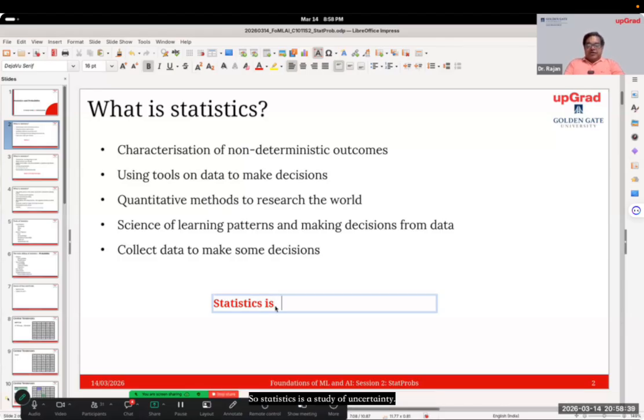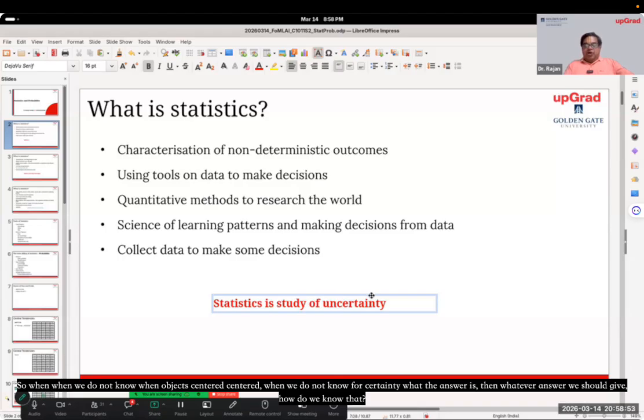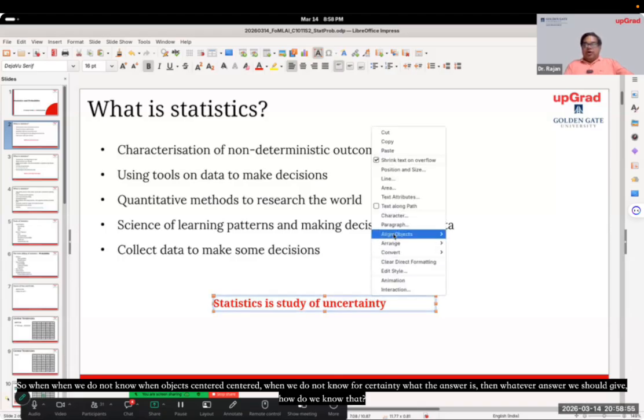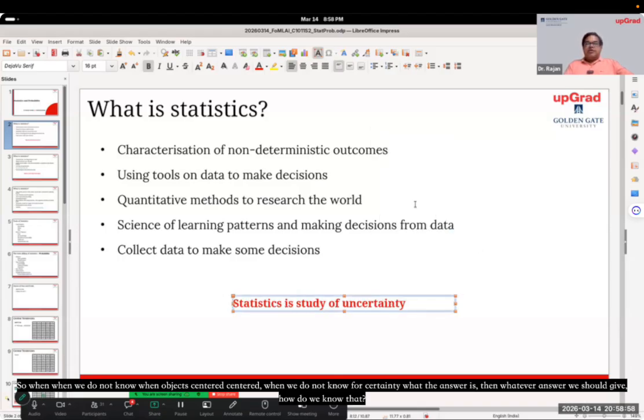So statistics is a study of uncertainty. When we do not know for certainty what the answer is, then how do we decide what answer to give?